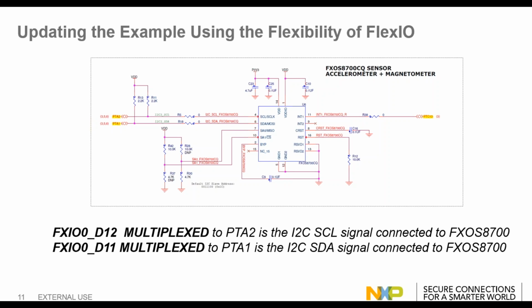And if you look at the pin multiplexing of the PTA2 pin, you can see it also is a FlexIO pin. It is actually FlexIO D12. So using the pin multiplexing, we can utilize the FlexIO D12 signal as the SCL, or the serial clock signal for I2C.